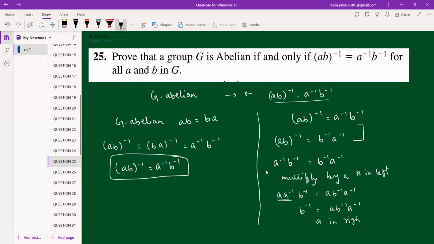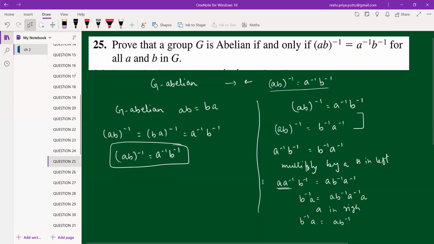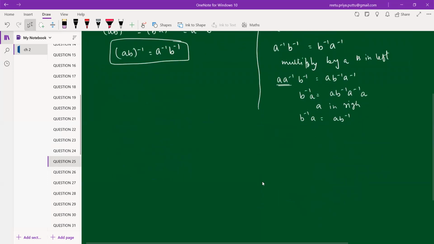If I multiply on the right, this will be B inverse A, and this will be A. So this will give you B inverse A is equal to A B inverse. Now again, I will multiply on my left by B. I am not writing everything, just giving you a hint.